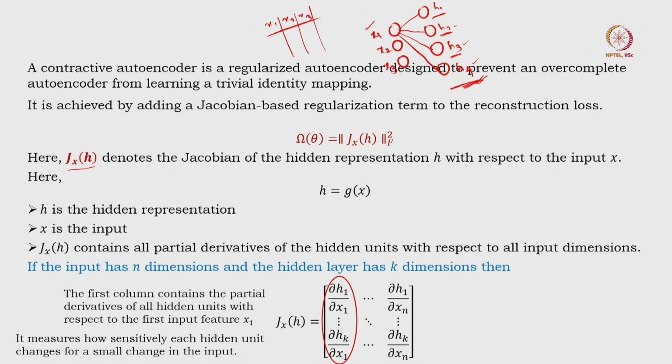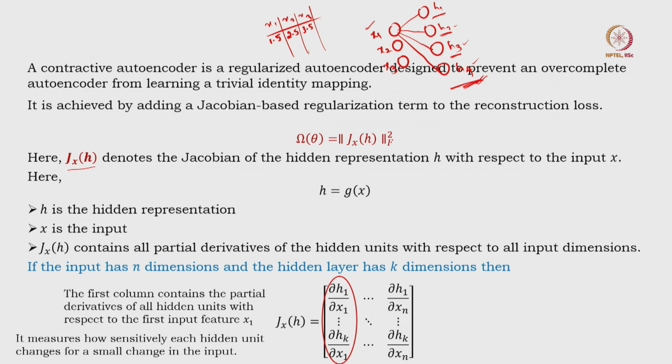Now, what exactly is this matrix saying? Just imagine there is an input, and you have made a small change in the input. For example, since there are three features, one data point is 1.5, 2.5, 3.5.